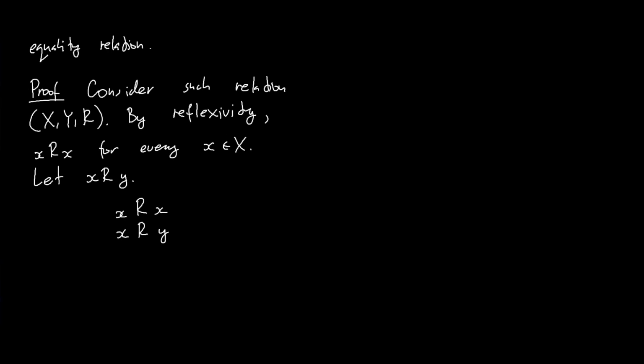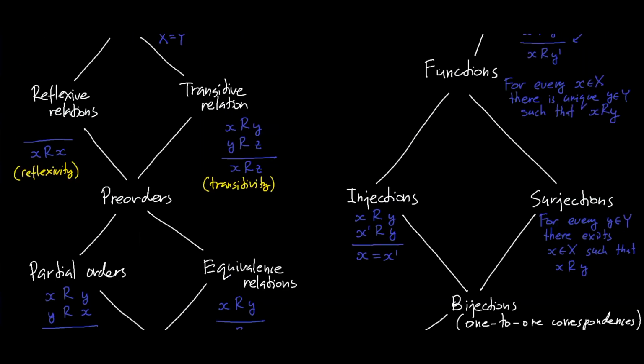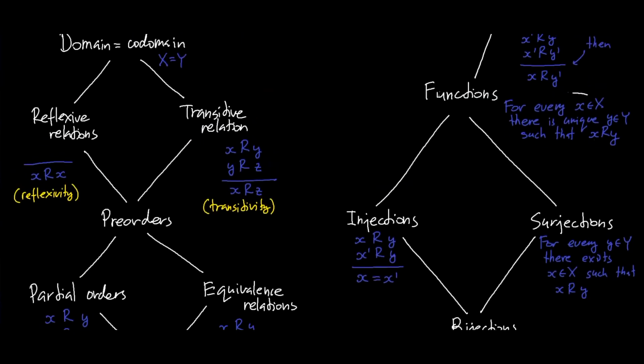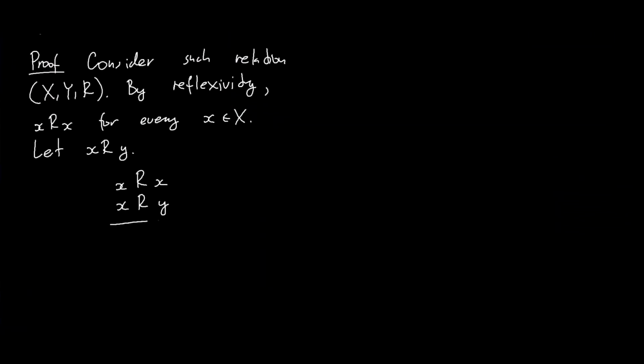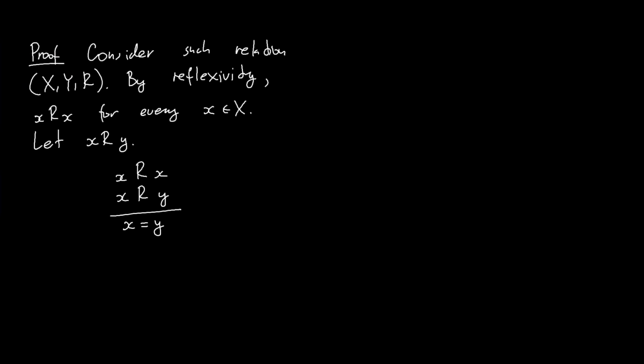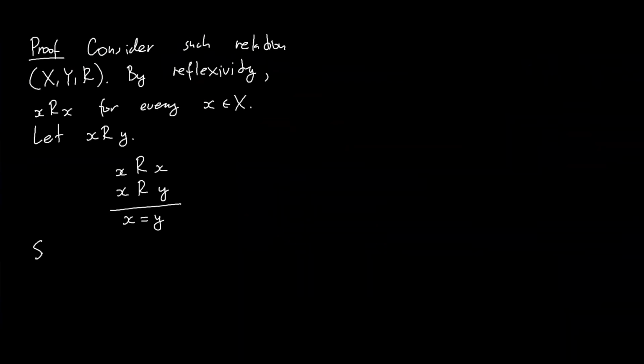Already in a function, we can't have x being related to two different things. So already just by this property, that for every x there must be a unique y, we get that x and y must be the same. And that proves that it's an equality relation.